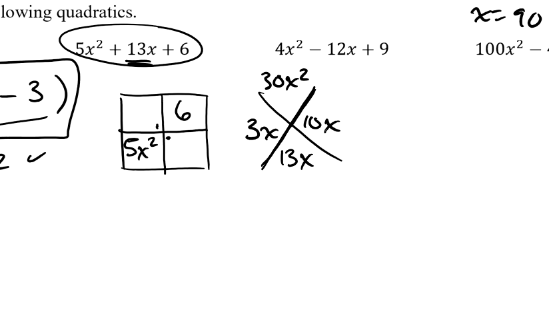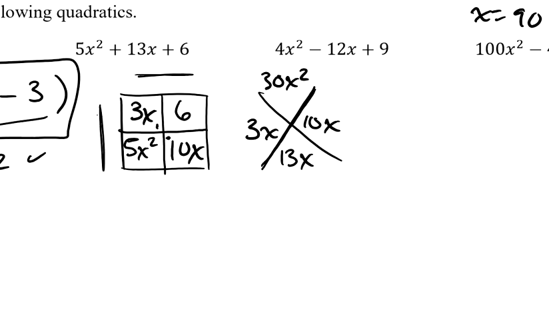It doesn't matter where I place these. I'll place the 3x here and I'll place the 10x here. The area in that rectangular grid is equal to this polynomial. Now all I need to do is figure out what the factors are, right? I can just pull these factors out, and I'll have the factored form of this quadratic.